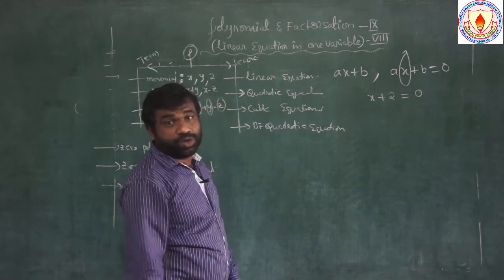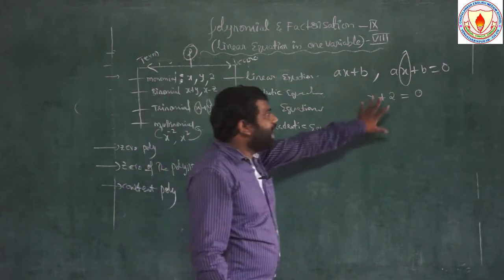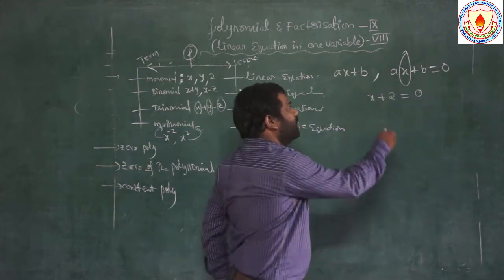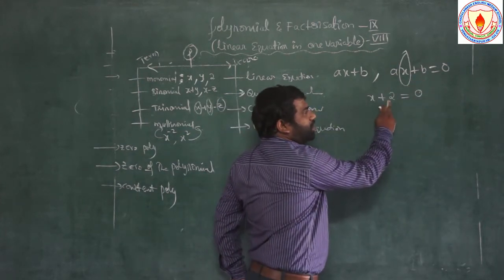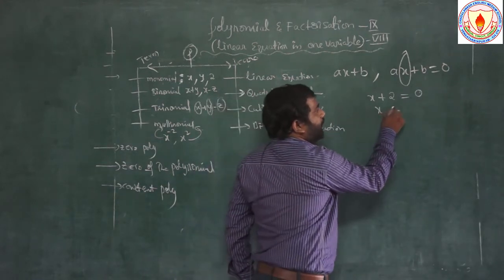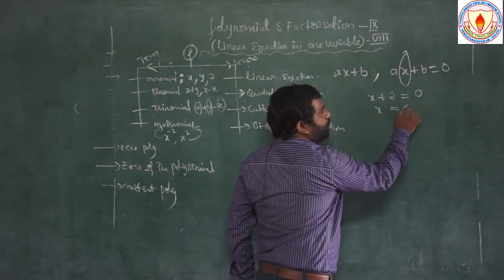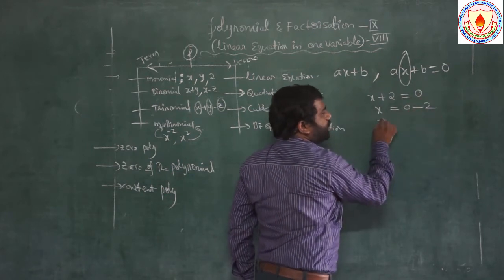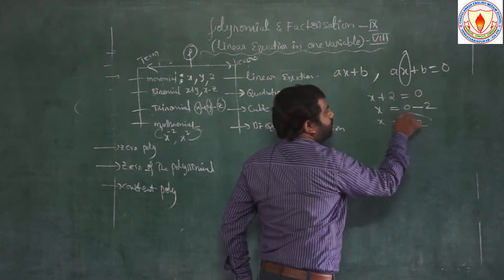Then what is the x value? Here the left hand side and right hand side are there. Say here plus 2 transposes to the right hand side. So, x is equal to 0, here plus 2, there change the symbol, minus 2. So, x is equal to minus 2.